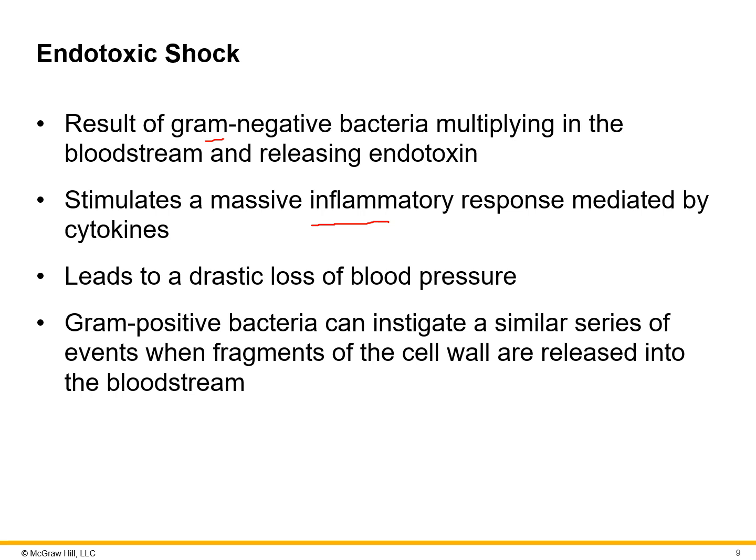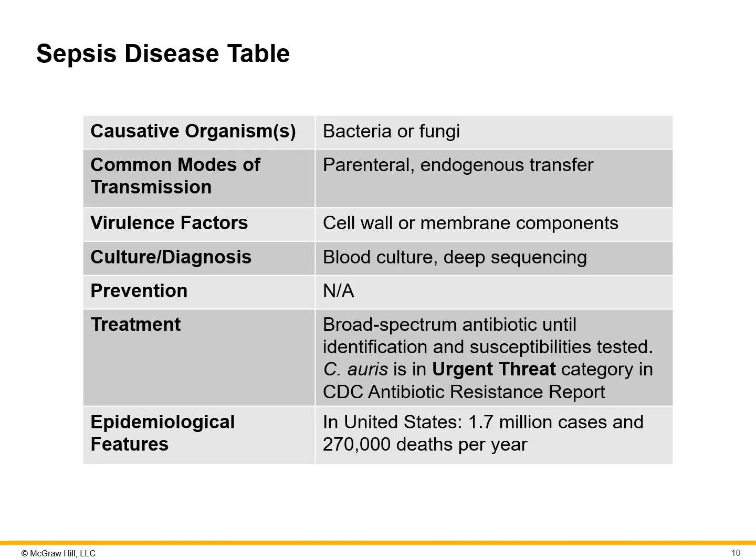And what that does is it leads to a drastic loss of blood pressure. So those can instigate a similar series of events whenever fragments of the cell wall get released into the bloodstream.